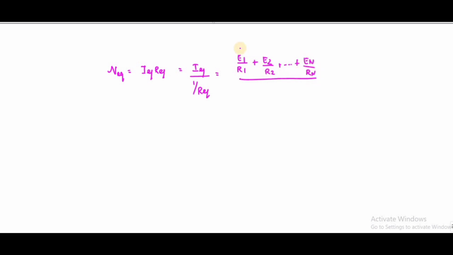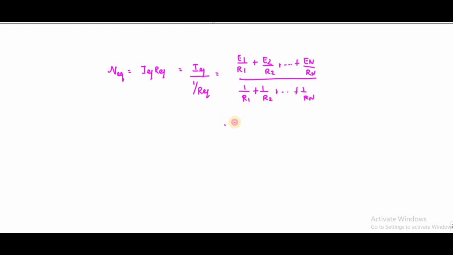If I want to find the voltage, that is V equivalent, it is nothing but I equivalent into R equivalent. So I can write this as I equivalent divided by 1 divided by R equivalent. I equivalent is E1 by R1 plus E2 by R2, up to En by Rn, and 1 divided by R equivalent is 1 by R1 plus 1 by R2, up to 1 by Rn.